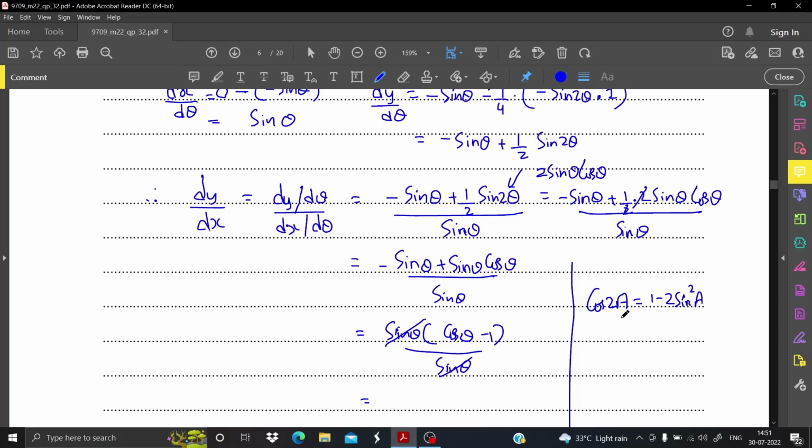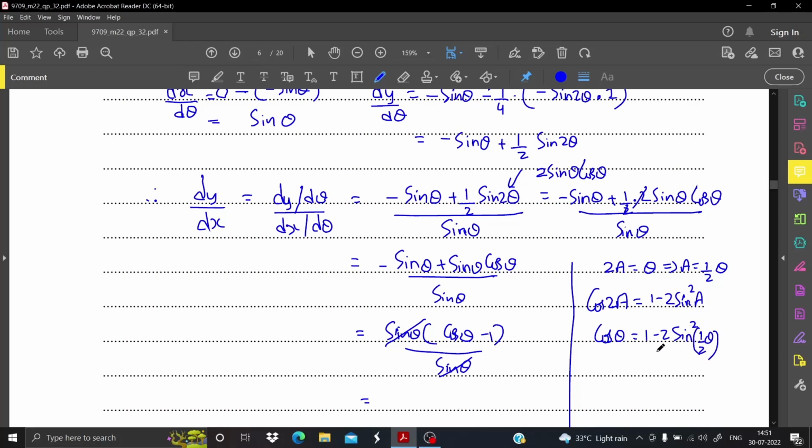So you can replace the 2a with theta, which means your a is half theta. Therefore, this becomes cos theta equal to 1 minus 2 sine square half theta.